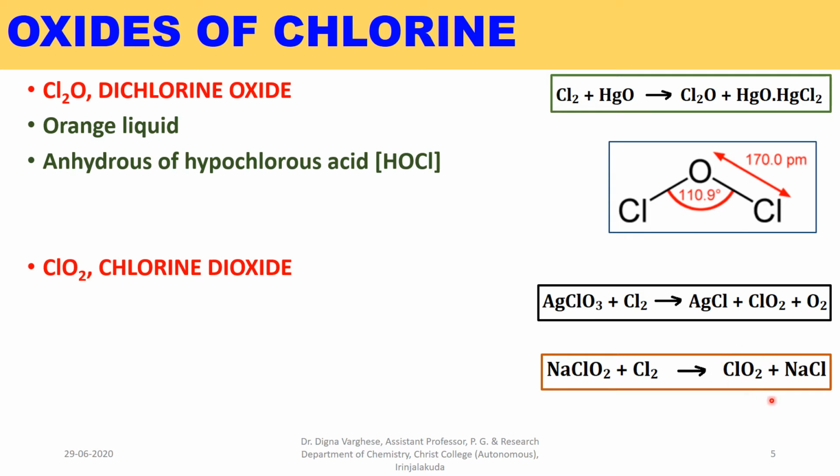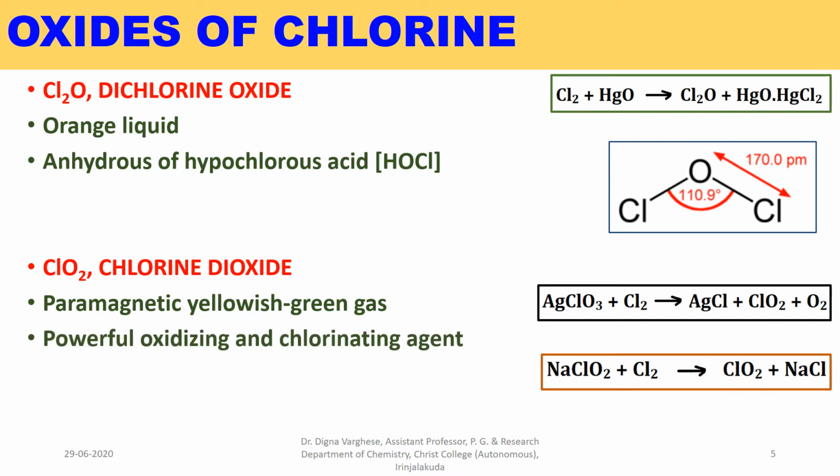We will get chlorine dioxide and sodium chloride. It is a paramagnetic yellowish green gas, and it acts as a powerful oxidizing and chlorinating agent. It dissolves in water exothermally.